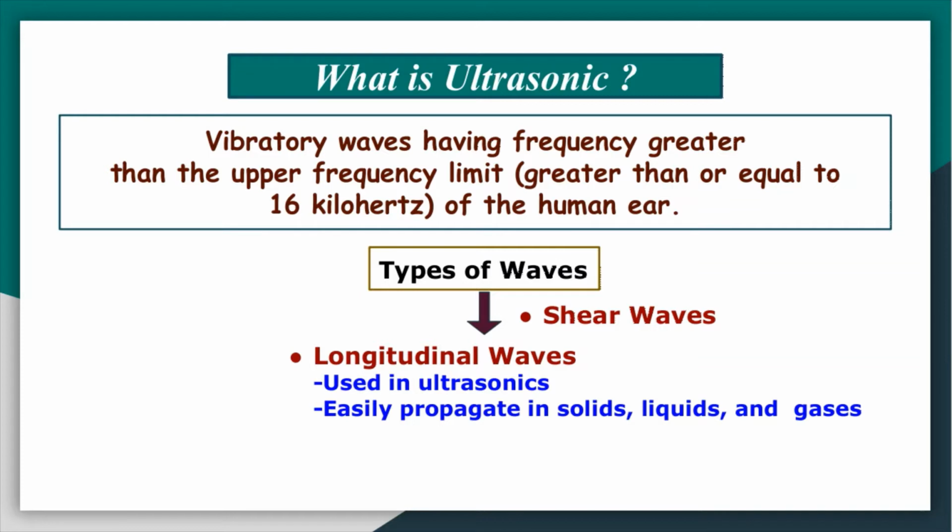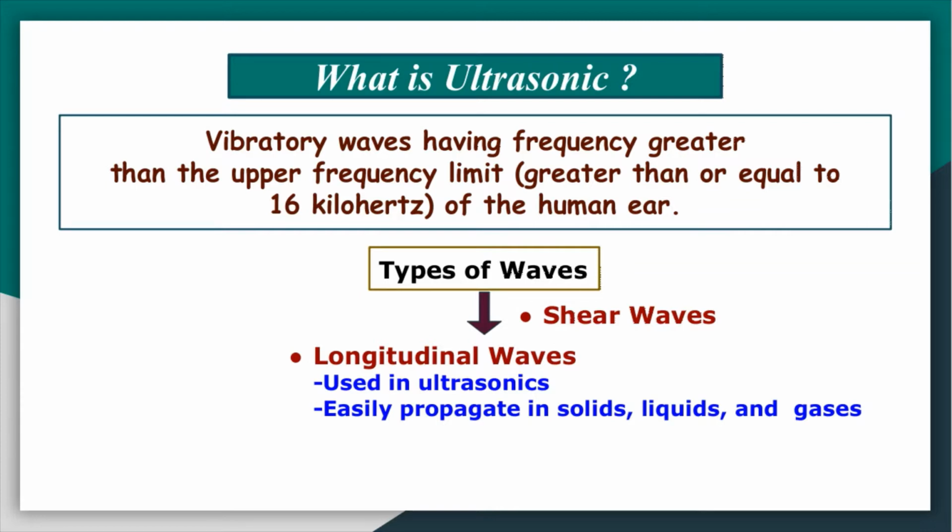In the introduction, the first question is: what is ultrasonic? Now I will give the answer to this question. Ultrasonic is a vibratory wave having frequency greater than the upper limit of the human ear, and this upper frequency limit is greater than or equal to 16 kilohertz, or 16,000 cycles per second.